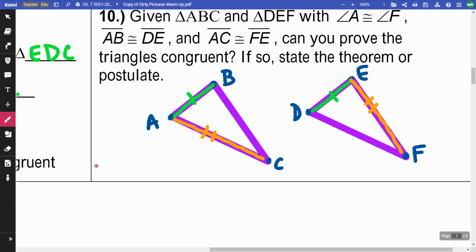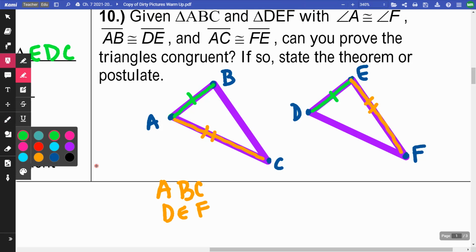So when we're looking at this, when they give us triangle A, B, C and triangle D, E, F, we know that AB is congruent. Let me just highlight.